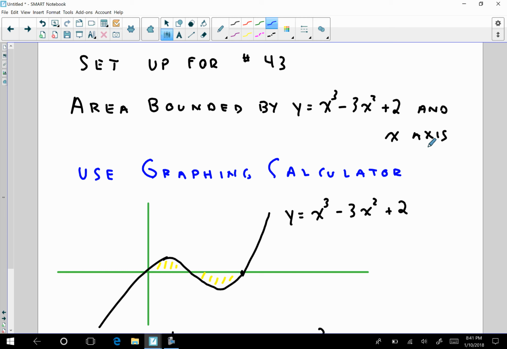Use your graphing calculator to graph this particular function. And if you notice, the only area that's bounded by the x-axis is this yellow area here. That's the only area bounded by the x-axis.